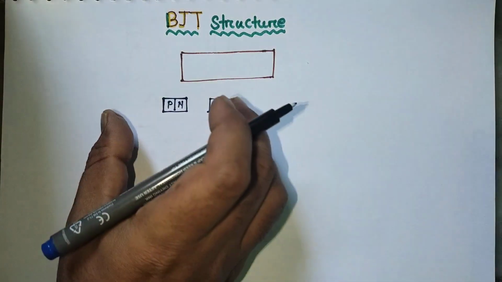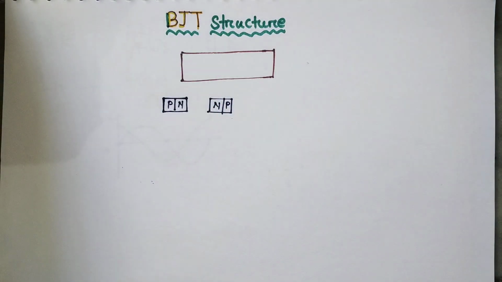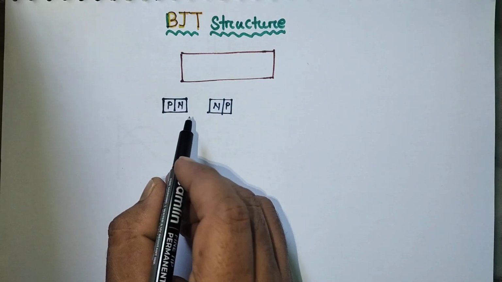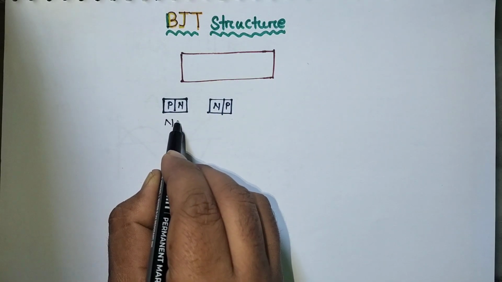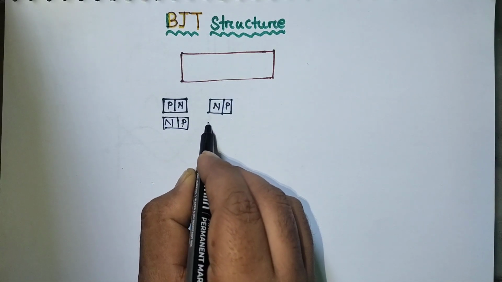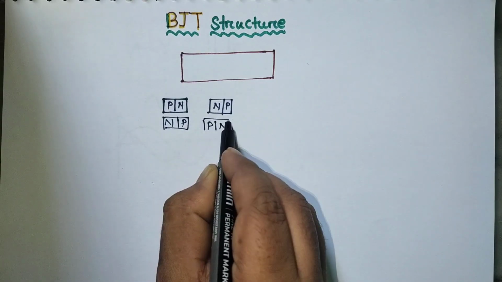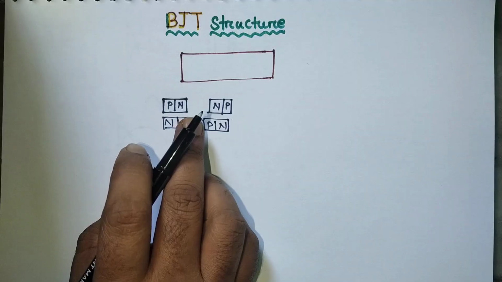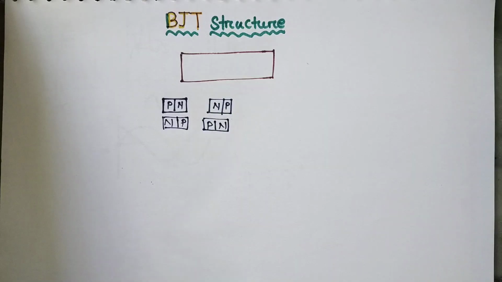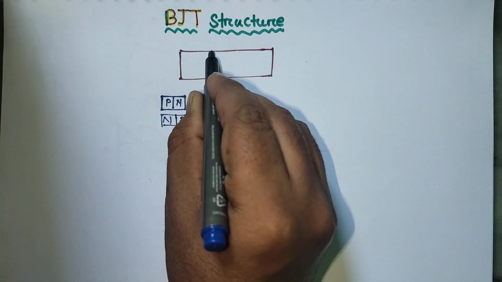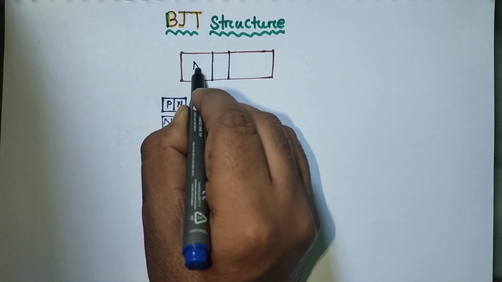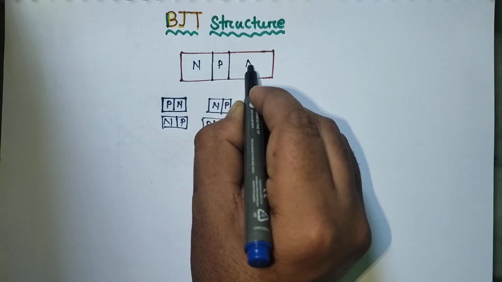If I merge those two, it is formed as a PNP transistor, or you can form it like this, NP and PN, an NPN transistor. So two PN junctions are formed as a BJT. Here, suppose I connect N, P, N.